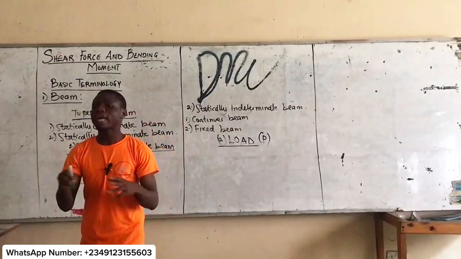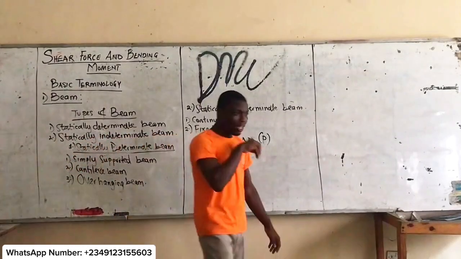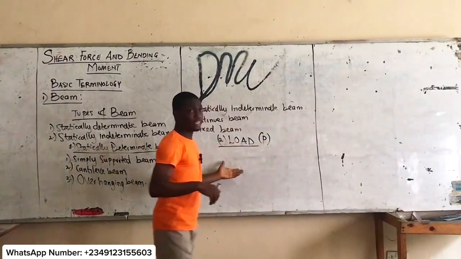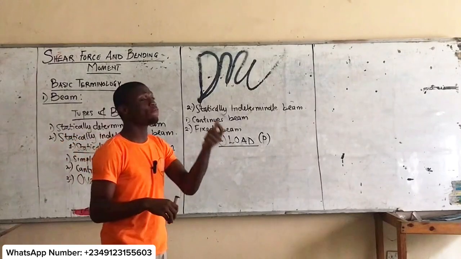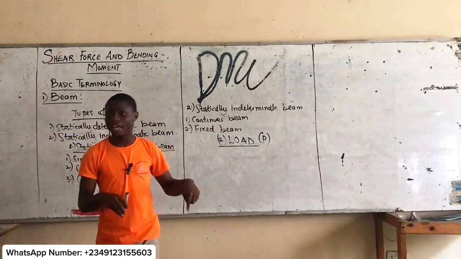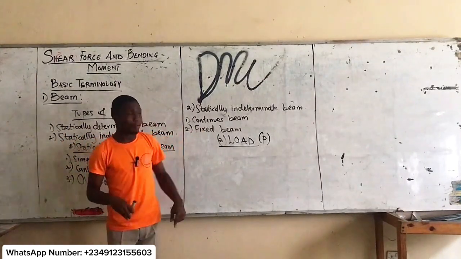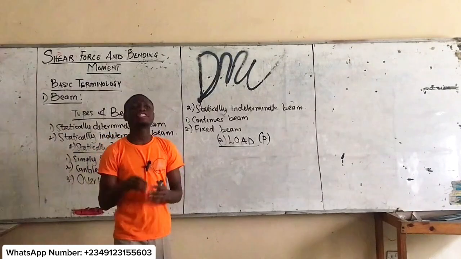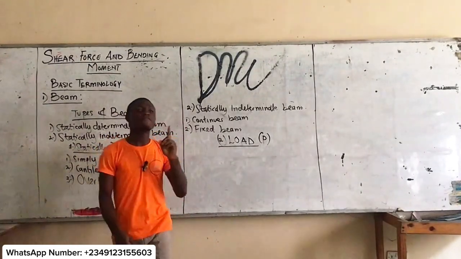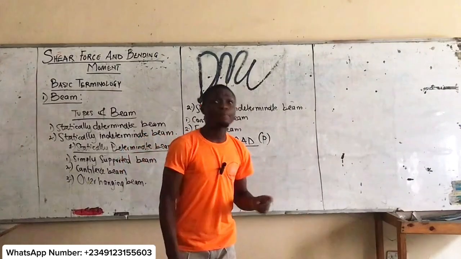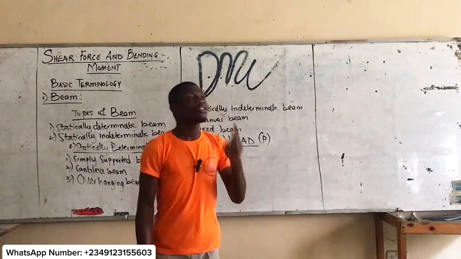Somebody please, types of load. I said a load is simply a force that acts on a structural member, represented by P. F is for what? Force. P is for what? Load.